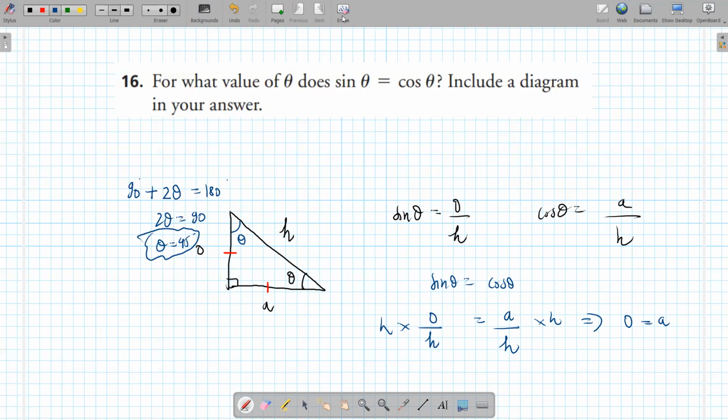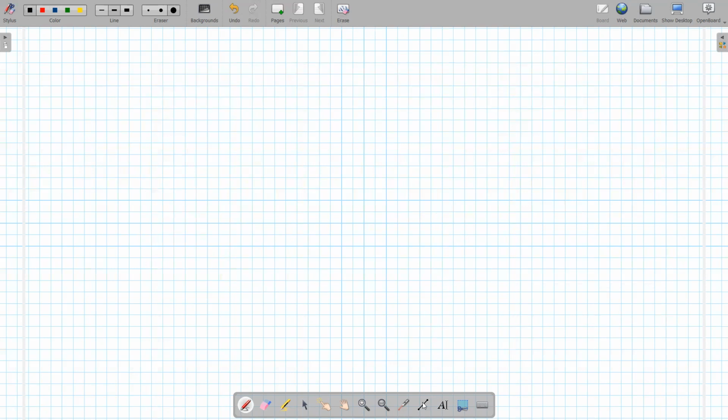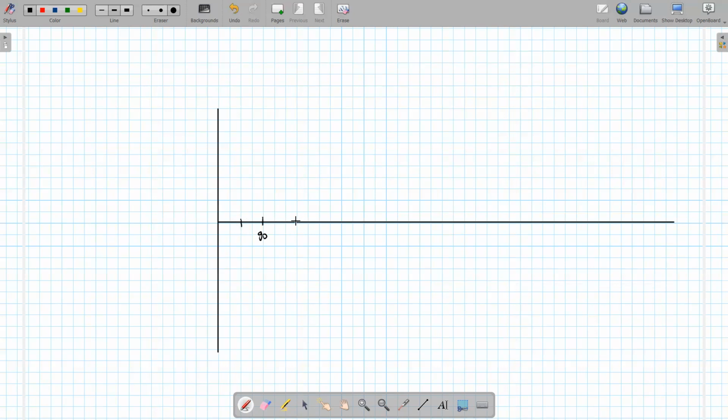Another more complicated way of showing this, because for that question the answer is limited to acute angles. So in that case, there's only one, which is 45. But if we think about it in this form, 1, 2, 3, 4, 90. 1, 2, 3, 4, 180.